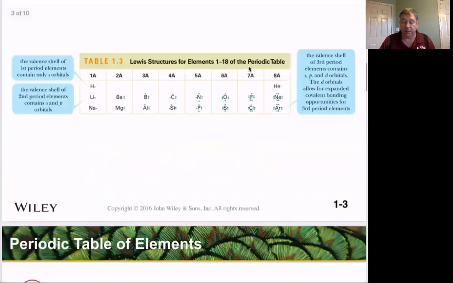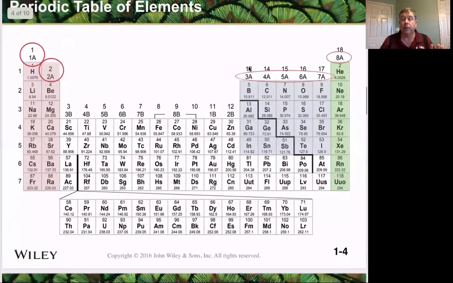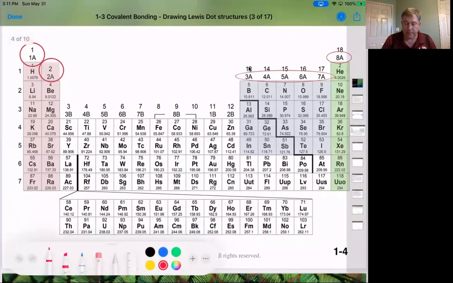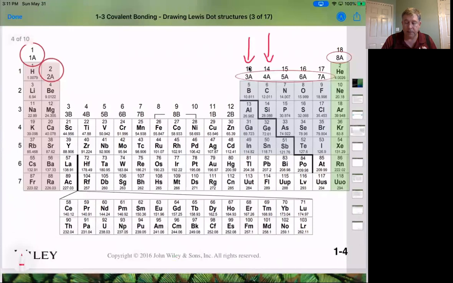Remember, we don't have to memorize this table, we just have to have access to our table of elements. The group numbers at the top tell us how many valence electrons we have: 3 valence electrons, 5 valence electrons, 7 valence electrons. All of our halogens have 7 valence electrons. Carbon and silicon have 4 valence electrons. So that's how we use the table. Again, you don't have to memorize it, just look at your periodic table of elements.